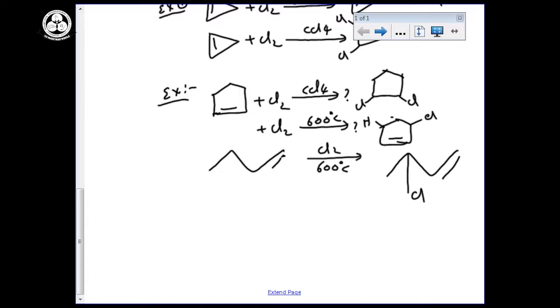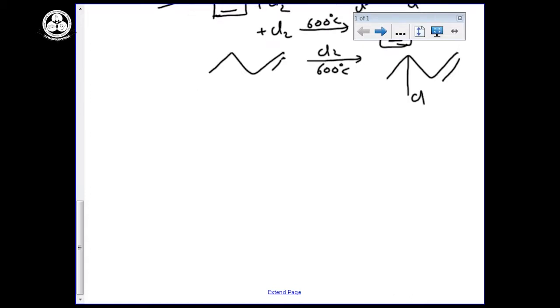Now halogenation, okay. Allylic substitution is majorly of three types.